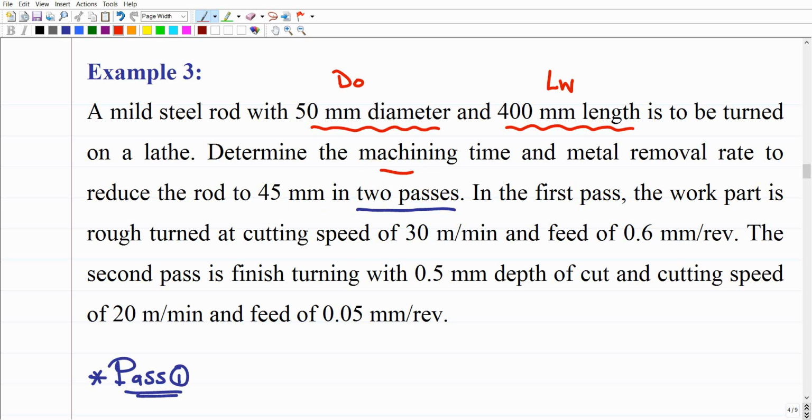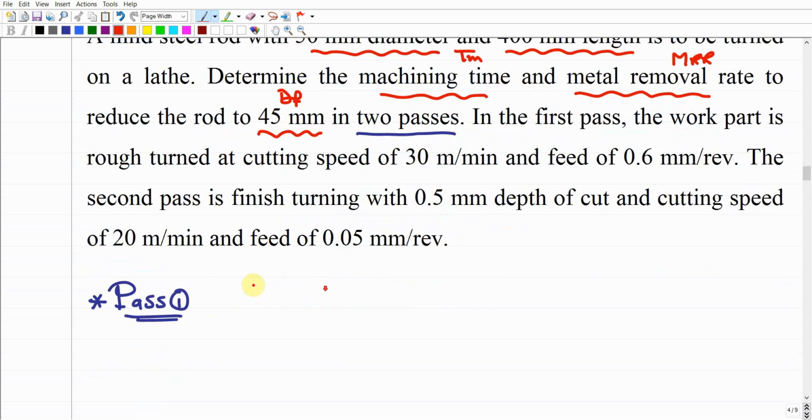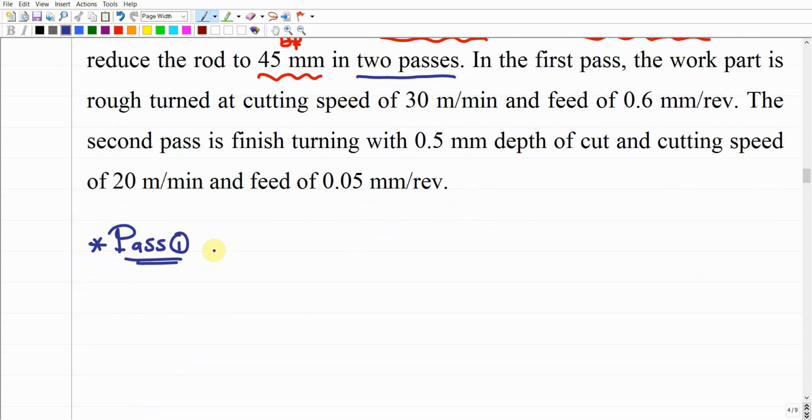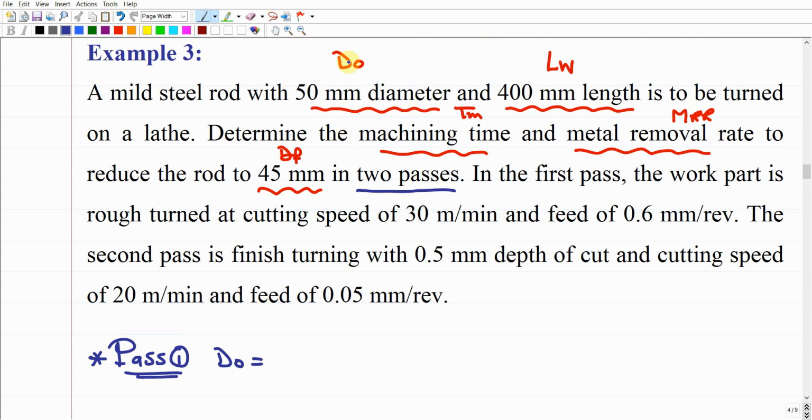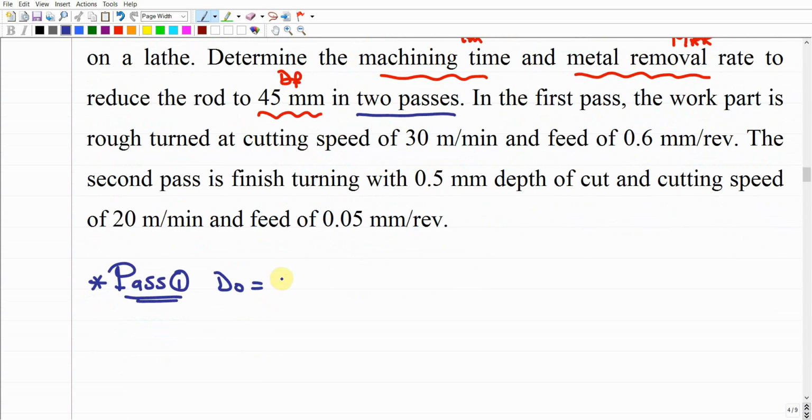Determine the machining time, TM, and the metal removal rate, MRR, to reduce the rod to 45 millimeter diameter. This should be the final diameter, but the problem is it should be done over two passes. So we have to split it into two passes. It means that in pass 1, D0 is where we start, which in the first pass is 50 millimeter diameter.